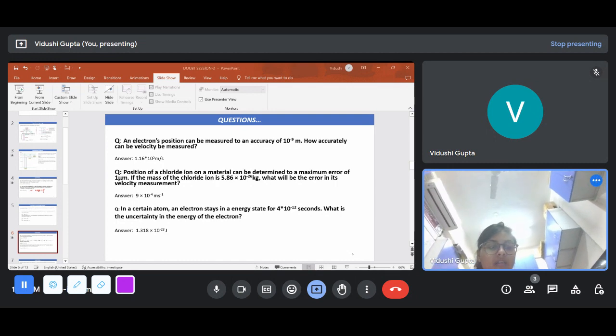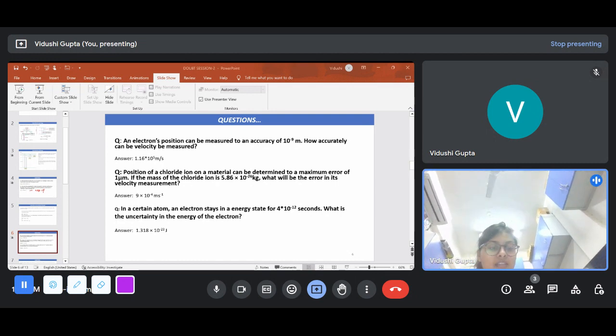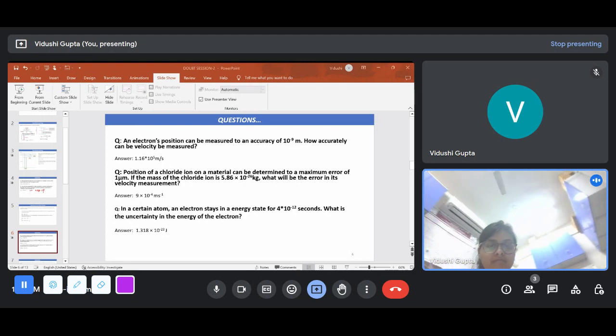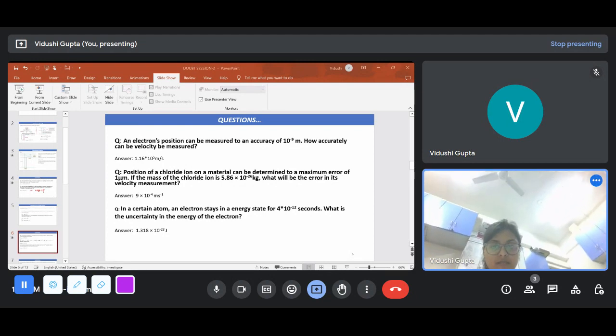So it will be iota h cut p by 2m. So is it clear?